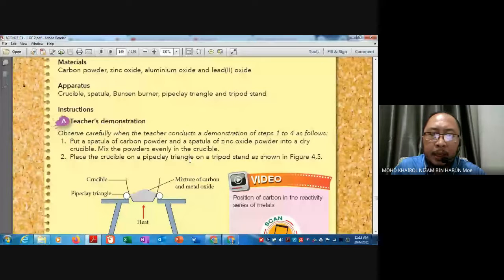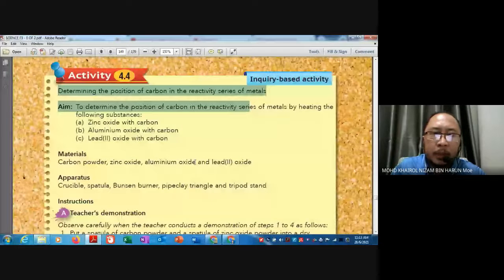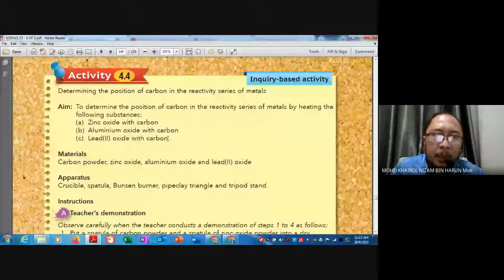We will look into these two activities and how they let us conclude the position of carbon and hydrogen. First, how we determine the position of carbon in the reactivity series of metals.